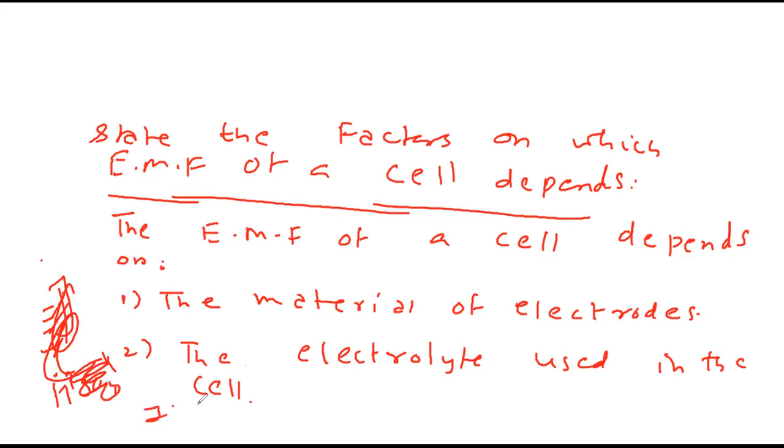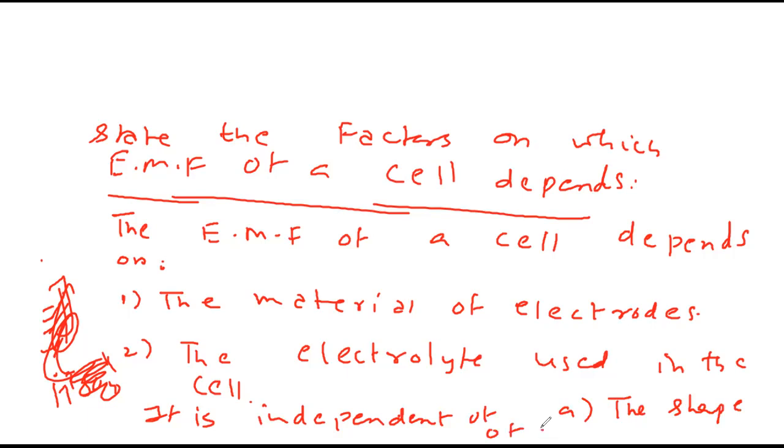It is independent of, this is also very important, the shape of the electrode. It depends upon the material, not the shape. So it is independent of the shape of electrodes.